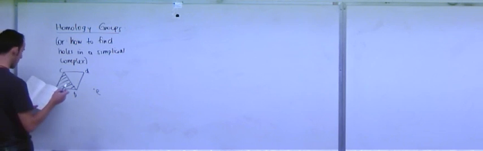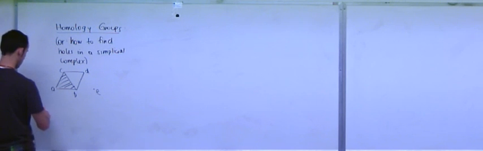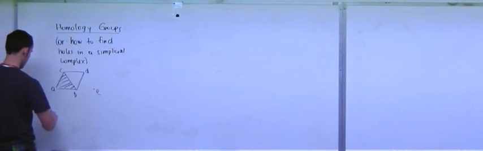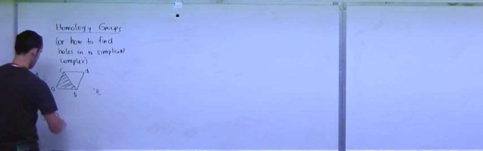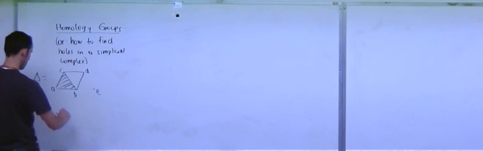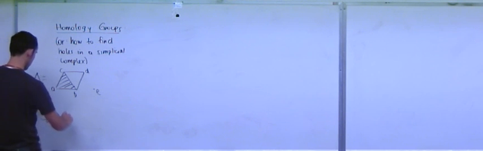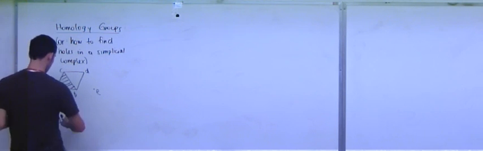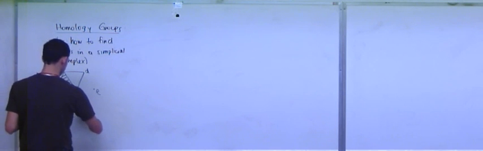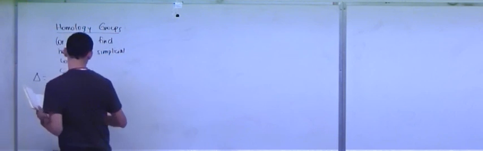So I defined C_i of delta to be a vector space F to the i-faces of delta.